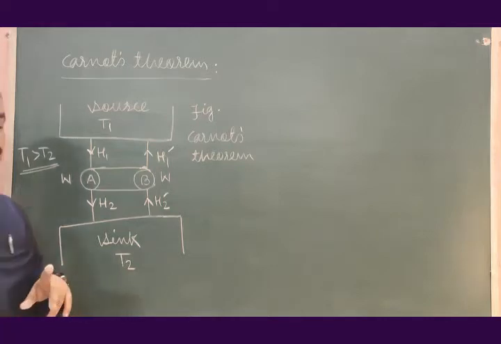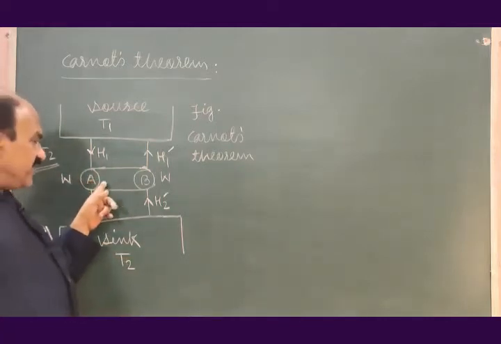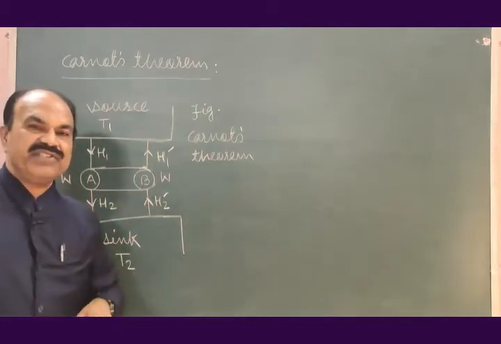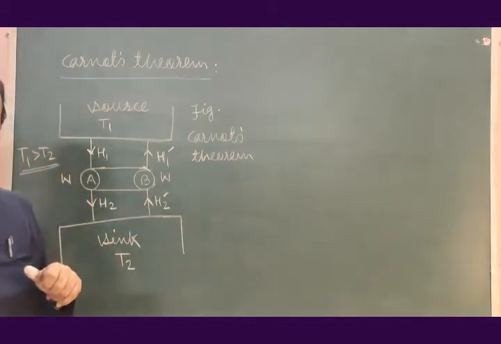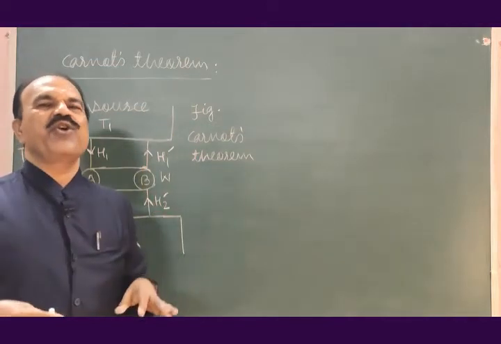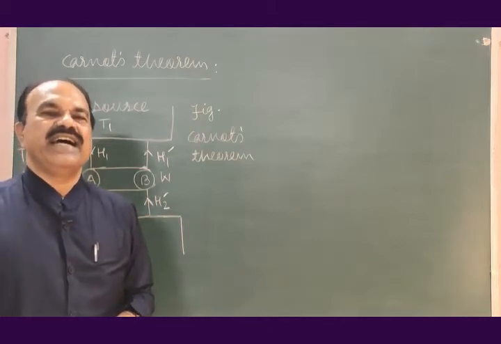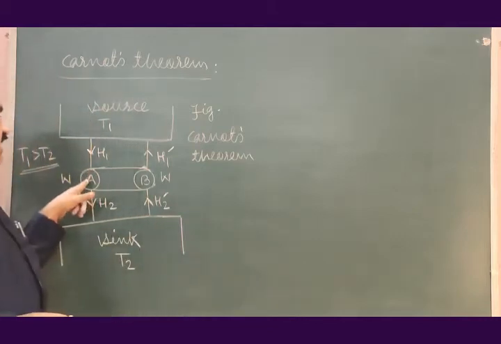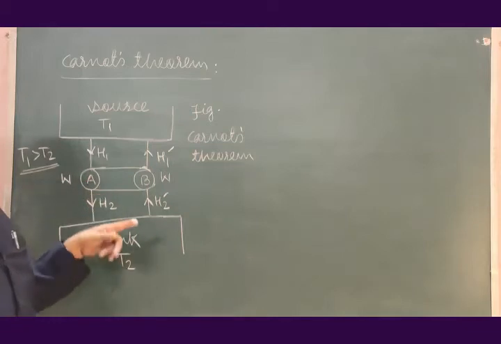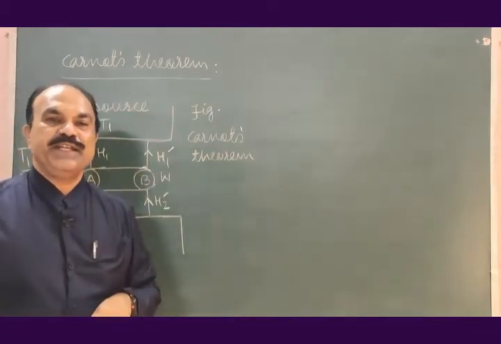So according to Carnot's theorem, the efficiency of engine A and the efficiency of engine B should be the same. Let us first challenge Carnot's theorem and declare that heat engine A is more efficient than heat engine B.